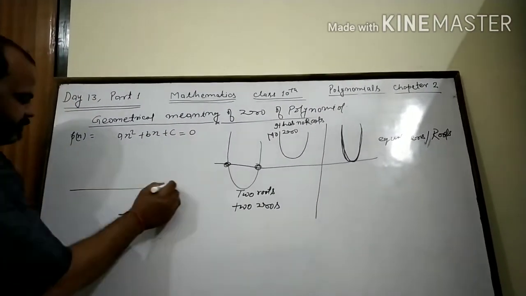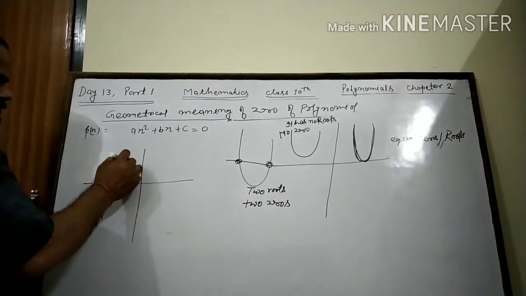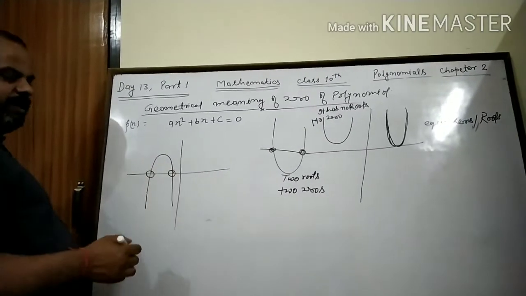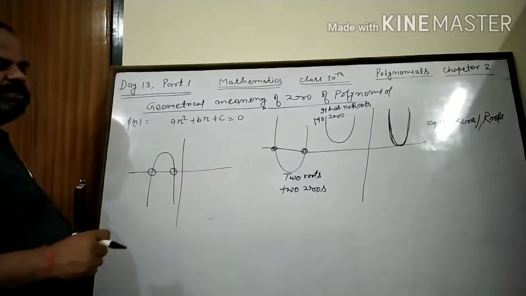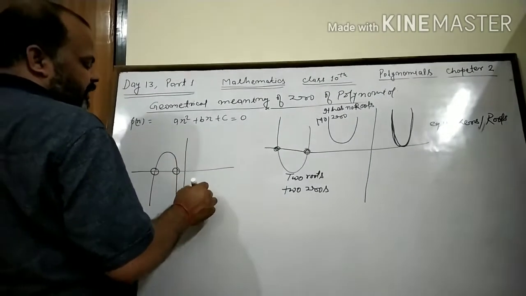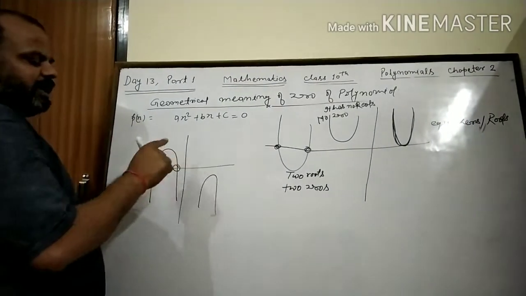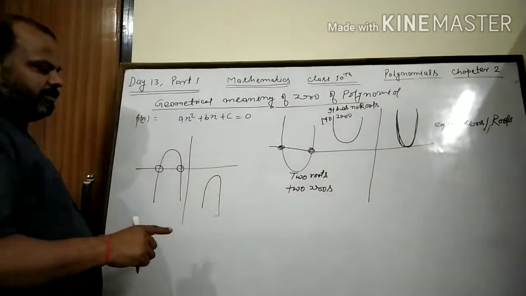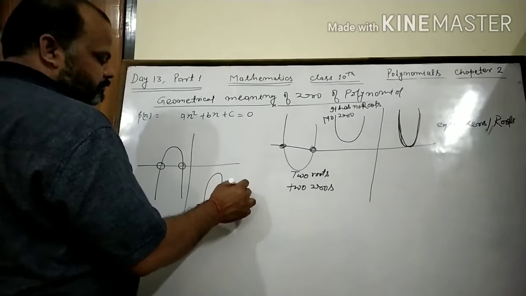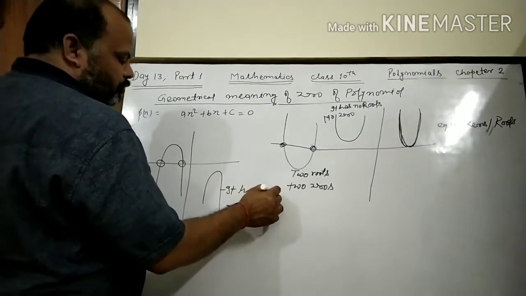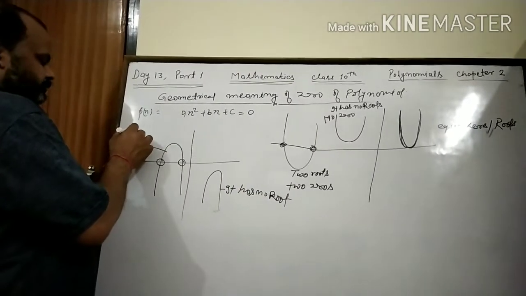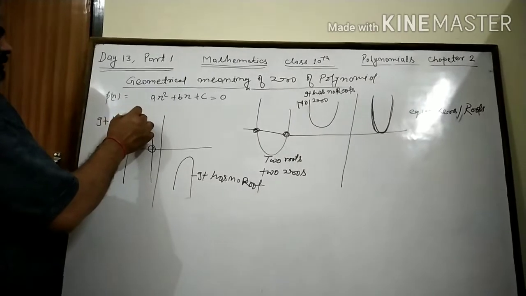Suppose you have this type of parabola, that means it intersects at 2 points and the value of a, the coefficient of x square, is negative. Suppose the parabola is like this, then the coefficient of x square is negative and it has no root. It has two roots.